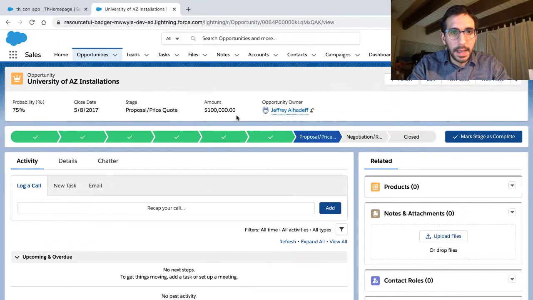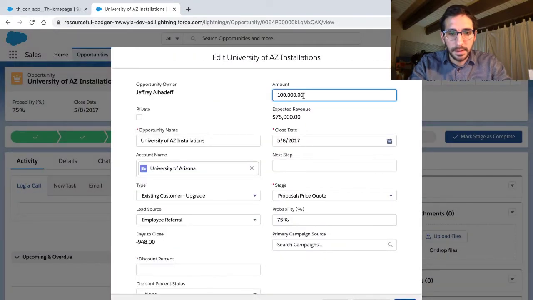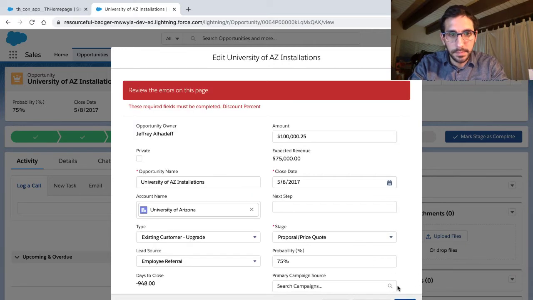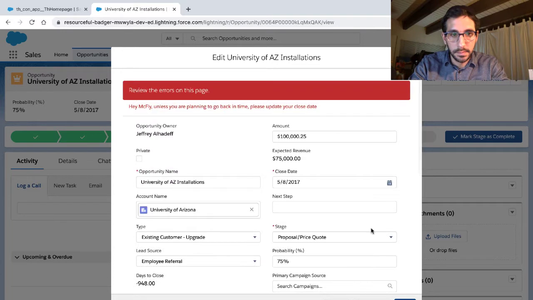I tried editing the amount field. Validation rules getting back to me.